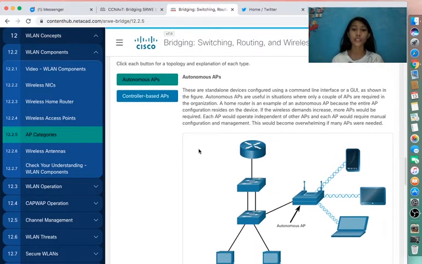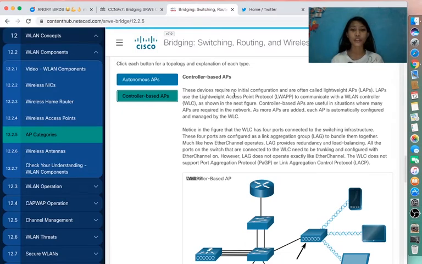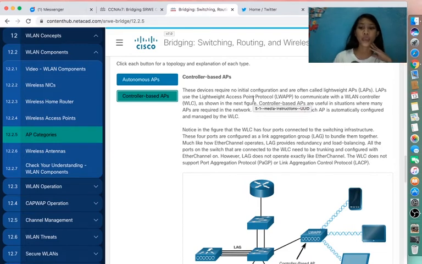Autonomous APs are standalone devices configured using a command line interface or a GUI. Controller-based APs require no initial configuration and are often called lightweight APs.